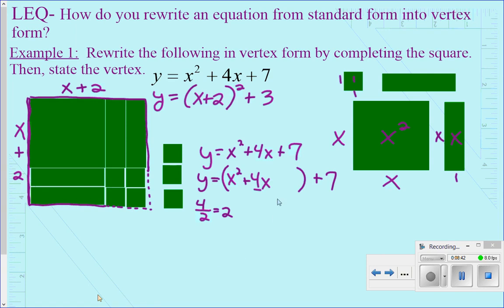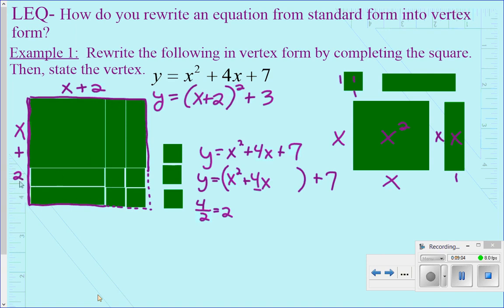Now, we need to figure out what number here needs to go here in order to, back to the picture, complete the square. Well, we needed 4 tiles to complete the square. So the question is, well, what do I do with 2 to get 4? Well, I had 2 here and I had 2 here.